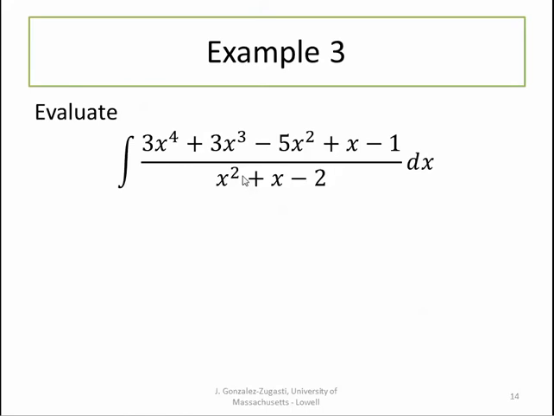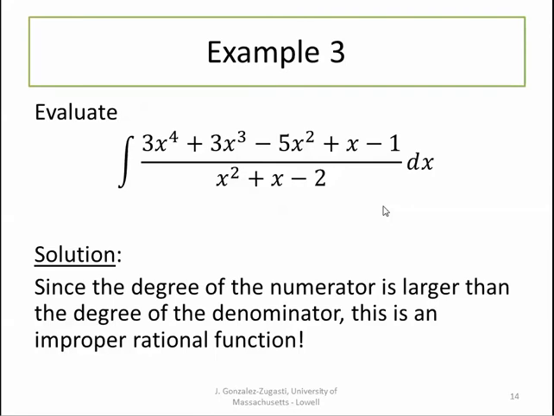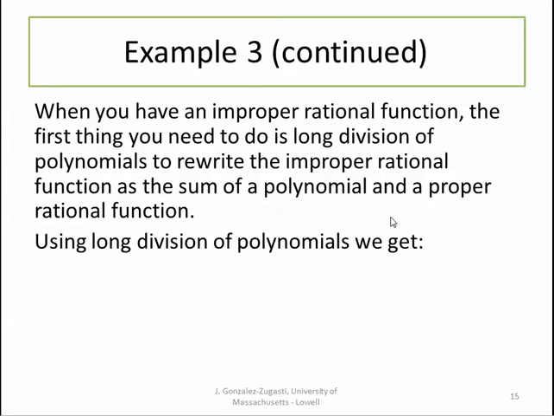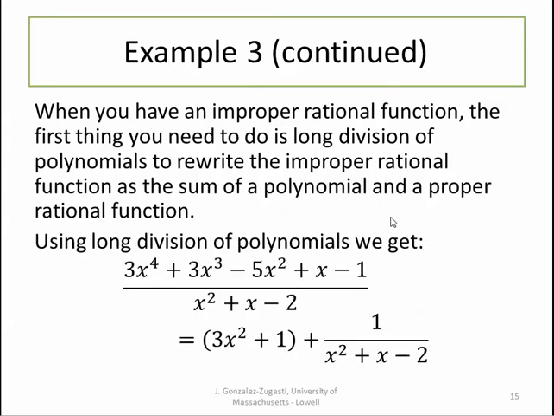So I can't jump right into doing my partial fraction decomposition. When we have an improper rational function, we have to use long division of polynomials to rewrite our rational function as the sum of a polynomial and a proper rational function. So if you perform long division of polynomials on our rational function, you'll get that it's equal to 3x squared plus 1 plus a rational function, 1 over x squared plus x minus 2.